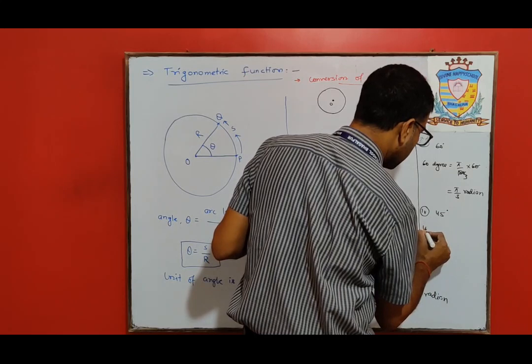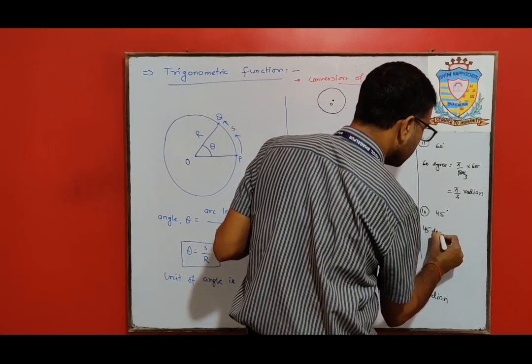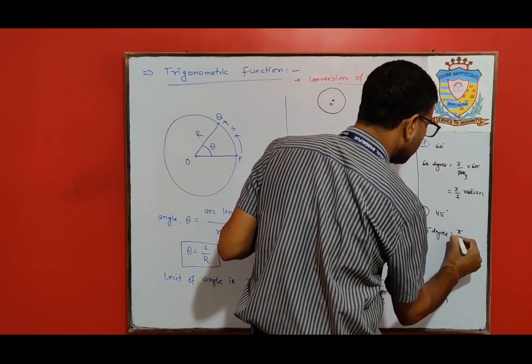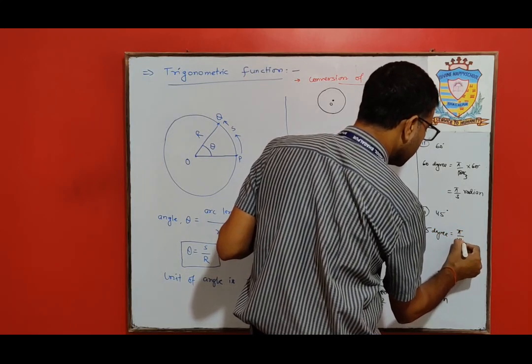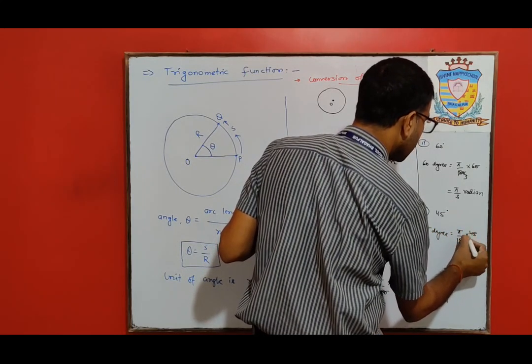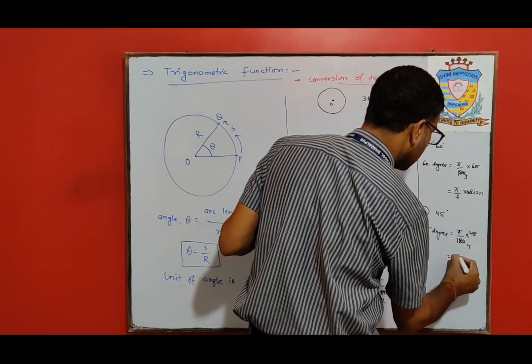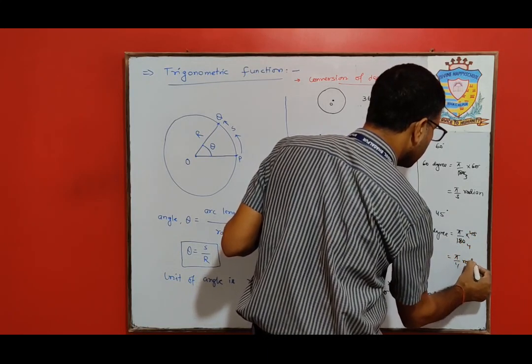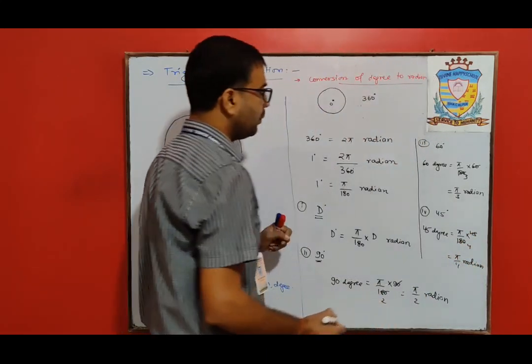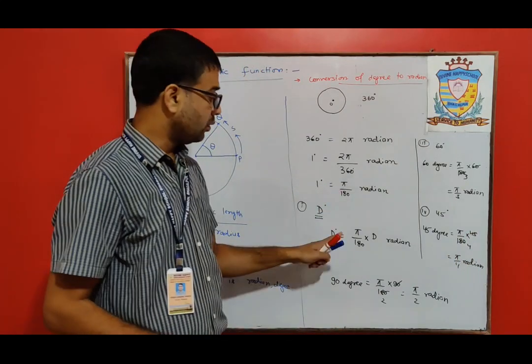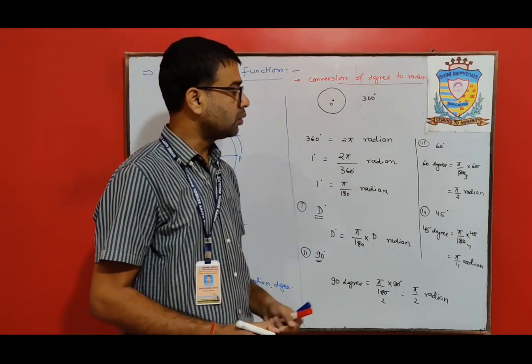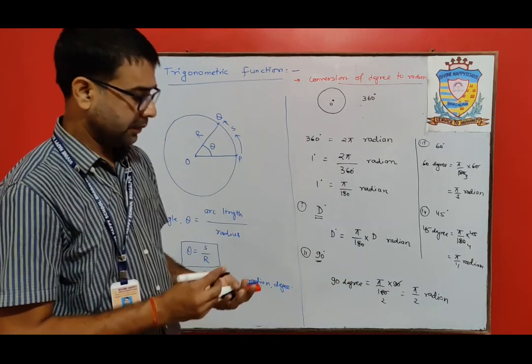So 45 degree is equal to pi by 180 into 45. So pi by 4 radian. So with the help of this formula you can calculate any value in radian. Clear?